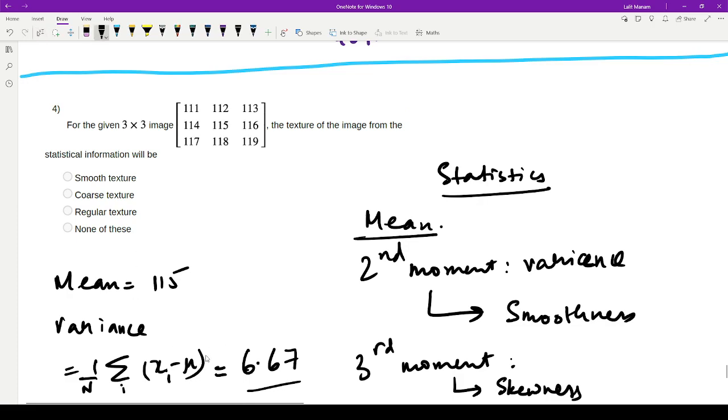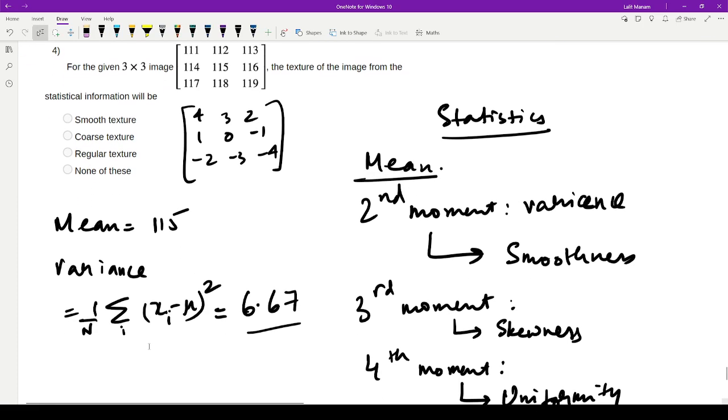If you remove the mean, xi minus mu: 115 minus 111 is 4. It will be 4, 3, 2, 1, 0, minus 1, minus 2, minus 3, minus 4. Then you square them, add all the numbers and take the mean. So it turns out to be this much, hopefully.